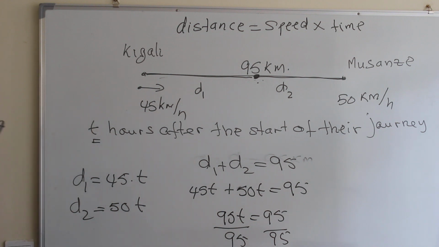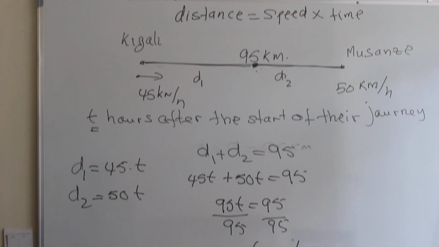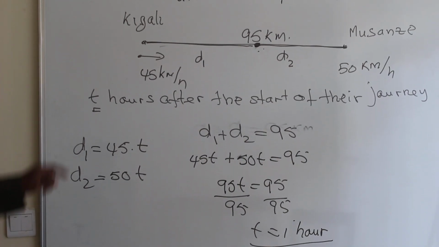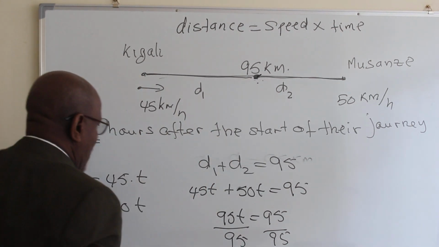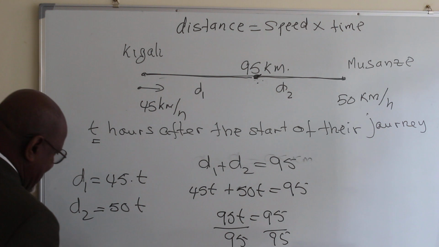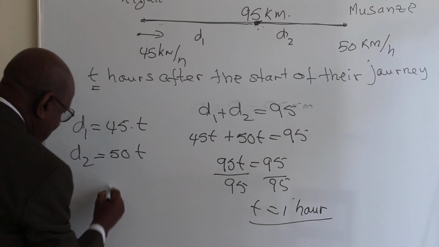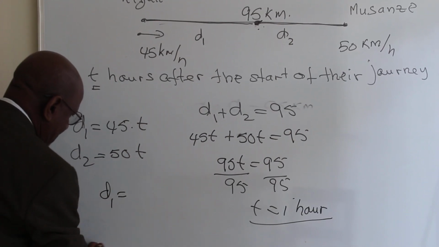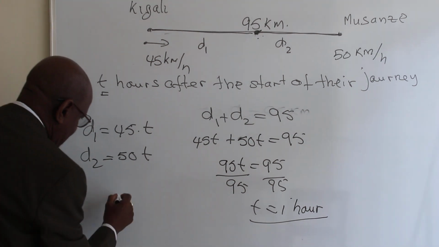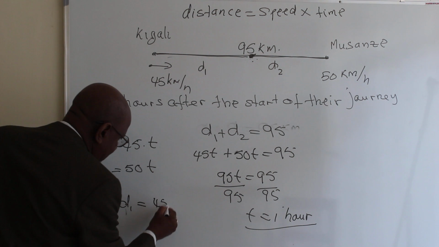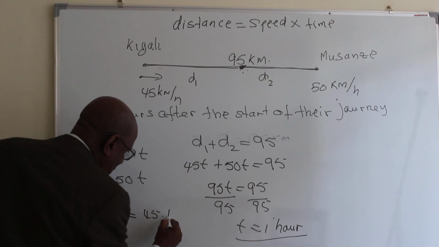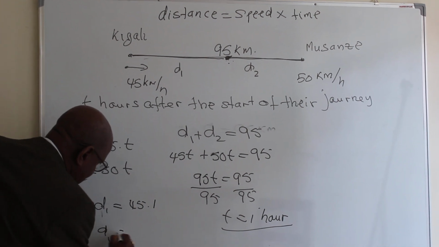Where will they meet? How far from Kigali will they meet? Let's say they meet here. How far is that from Kigali? Well, we know that D1 equals speed, which is 45, times time, which is 1. So D1 is 45.